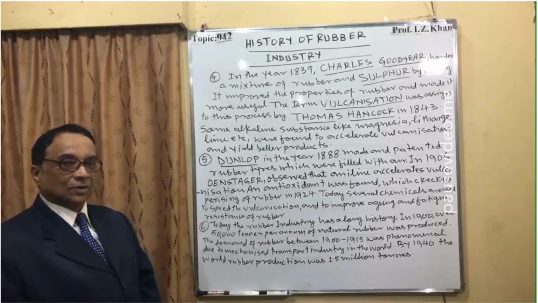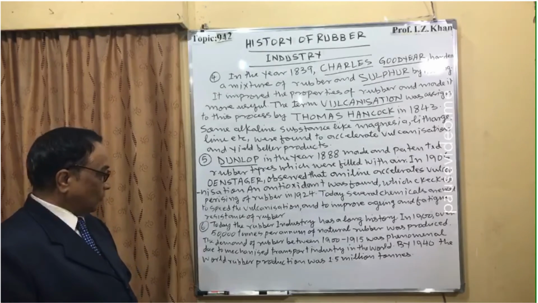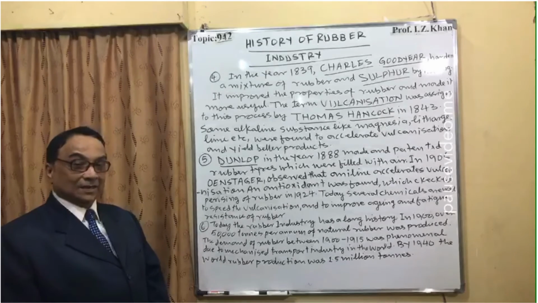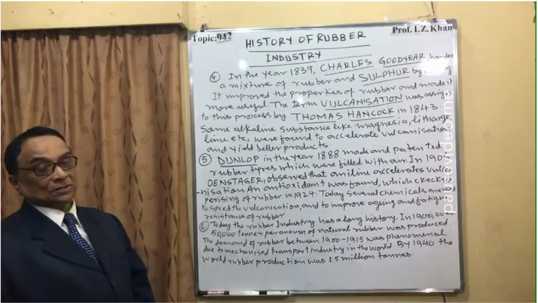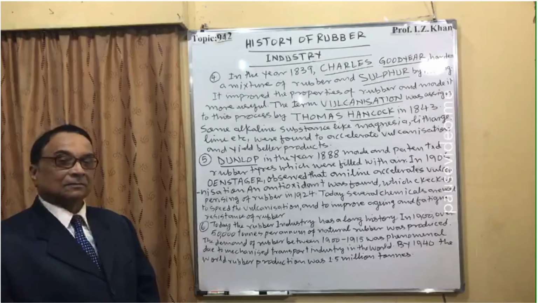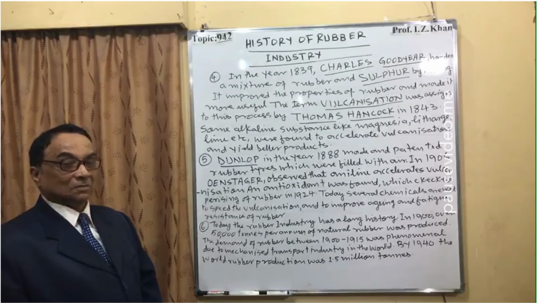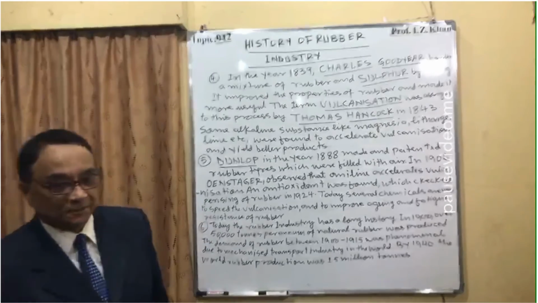By 1940, the world rubber production was 1.4 million tons, and today, of course, in 2021, the natural rubber production globally is millions of tons.